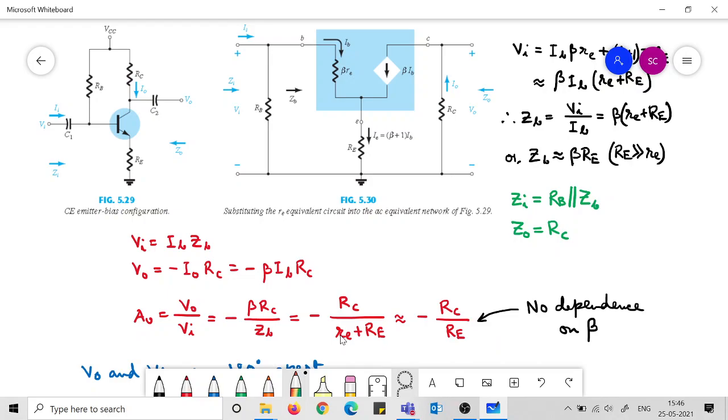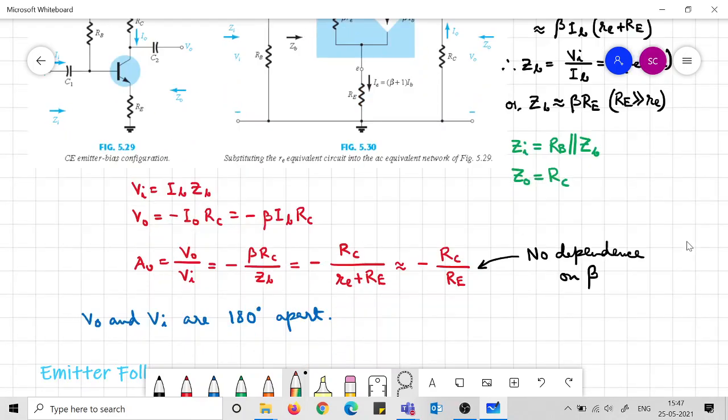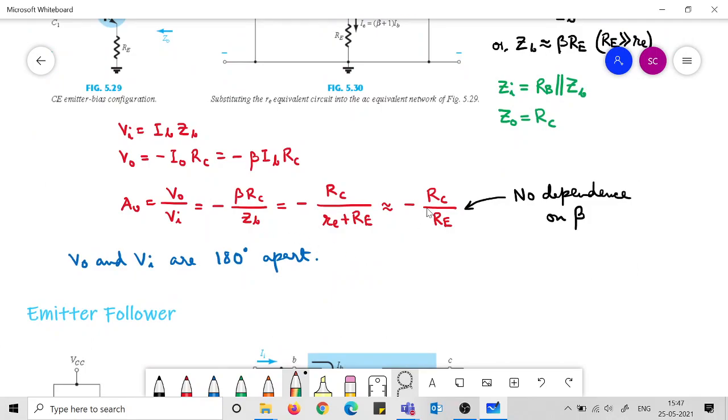Of course there is an approximation, but in the engineering field this slight approximation does not matter. This is very small re, and capital Re is quite high. So we can set this gain as per our choice. There is no dependence on beta.